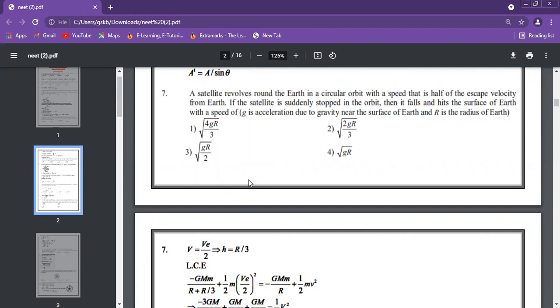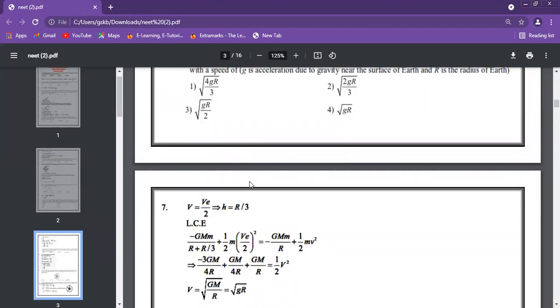With what velocity will it reach? They ask this here, so use this formula. We are using the law of conservation of energy: equating the energy at a certain height and the energy on the surface, LHS and RHS, and find out with what velocity it will come to the surface of the ground.